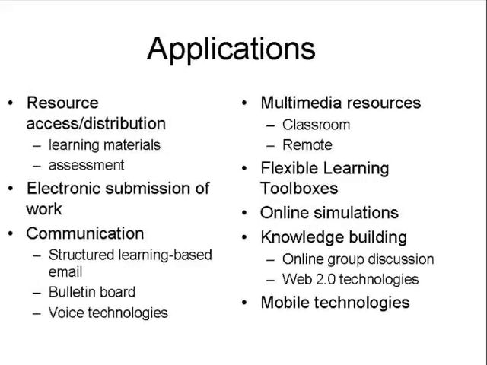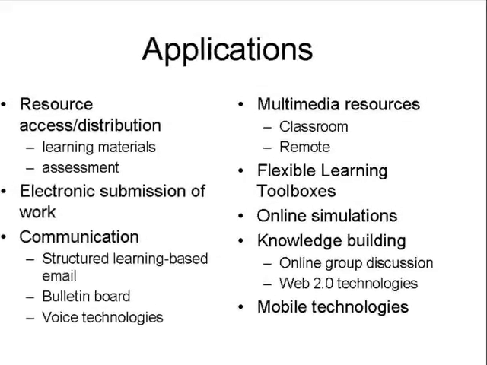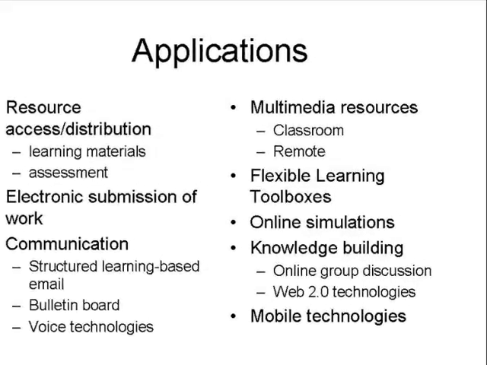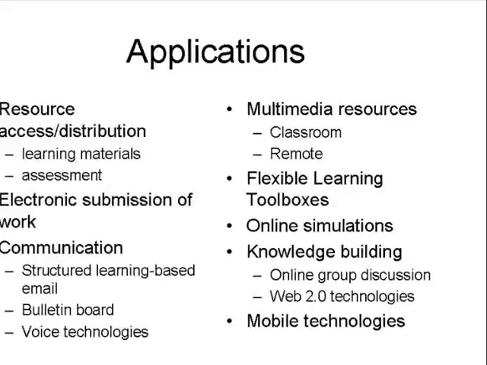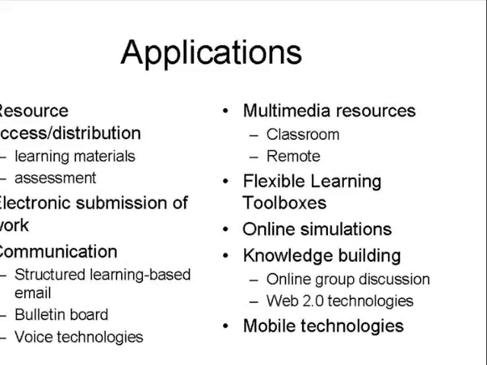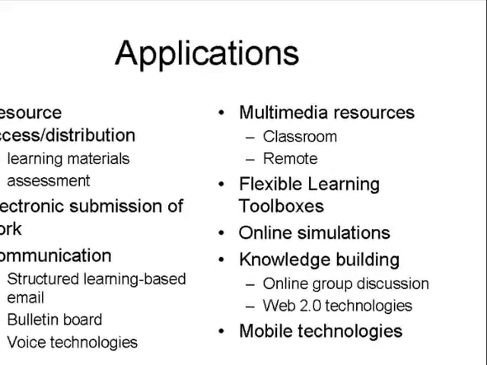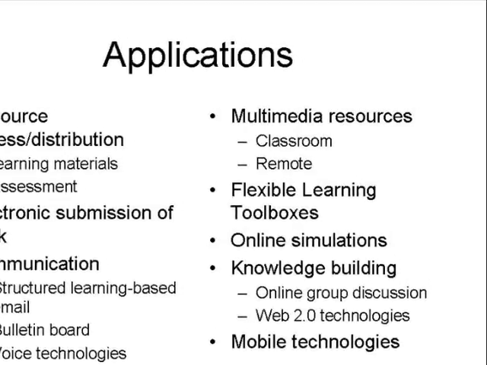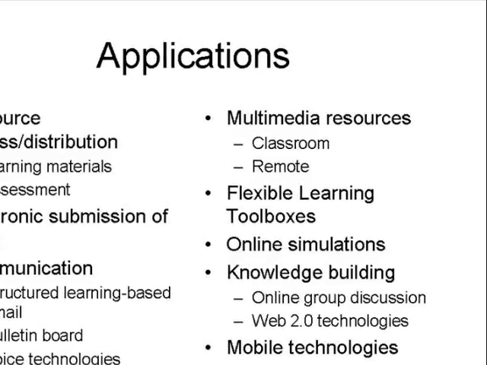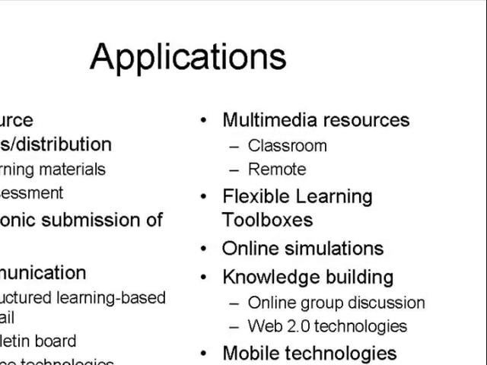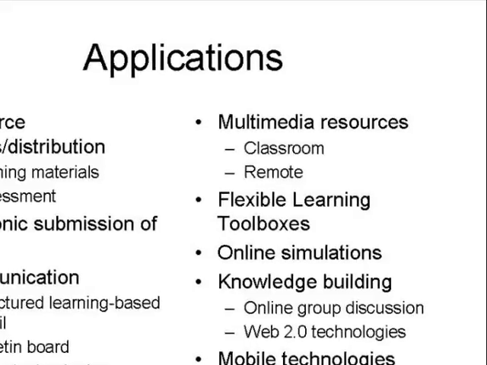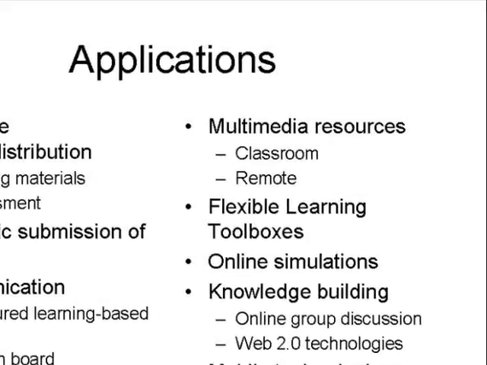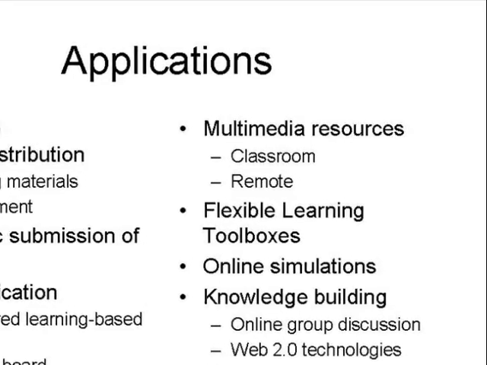It includes applications such as the distribution of resources, electronic submission of work, communication through functionalities such as email, bulletin boards, voice technologies, the use of multimedia resources in classrooms as well as remote locations, the use of flexible learning toolboxes, online simulations, and the use of Web 2.0 technologies for knowledge building. Emerging is the use of mobile technologies.